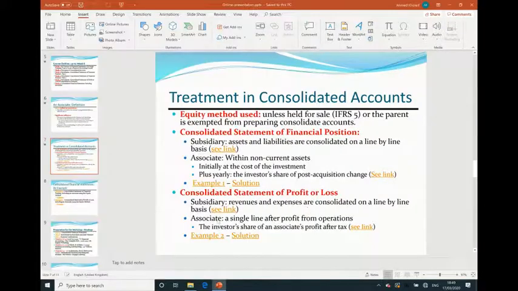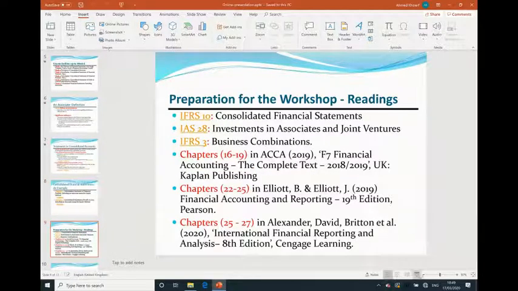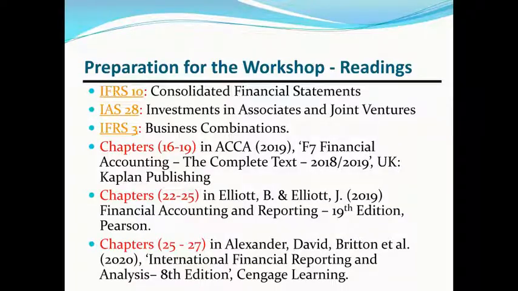We'll return back to the slides. Okay, we're moving now to the preparation for the workshop. So what you need to prepare for the workshop on this topic. We have two types of preparations. The first one is about reading, and we have several sources of reading.